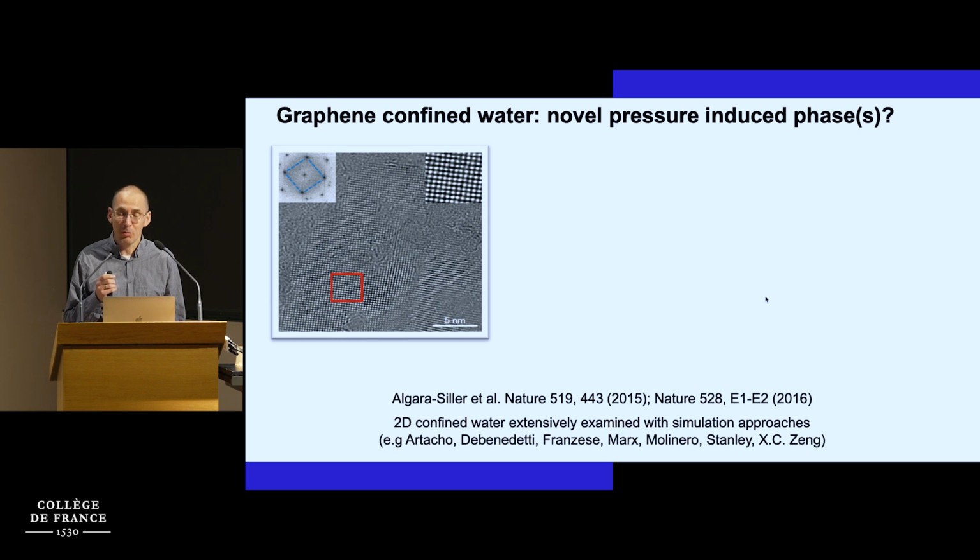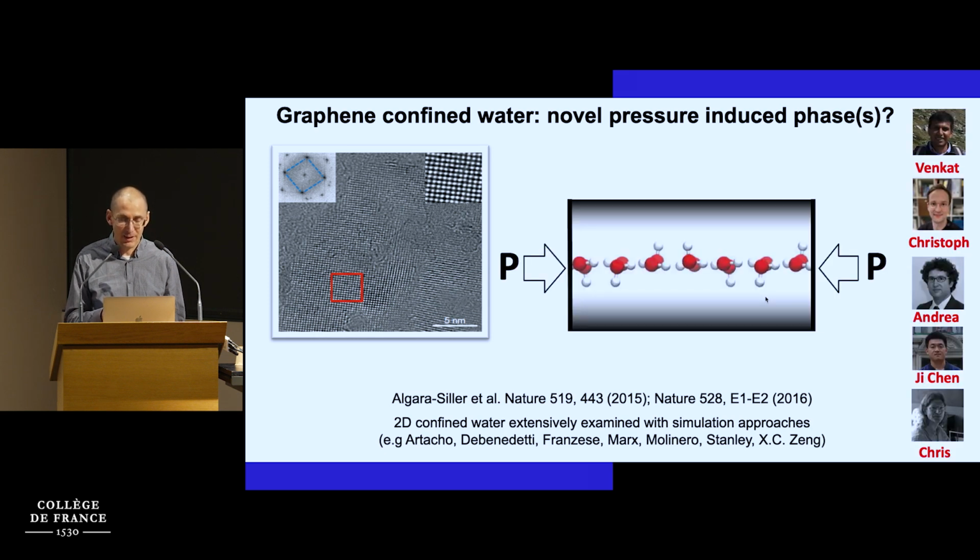What I think is particularly interesting about the experiment, though, was the suggestion as to why the square ice was forming. When you confine your water, you have a bottom sheet and a top sheet, and the top sheet is draped like a blanket over the bottom sheet.